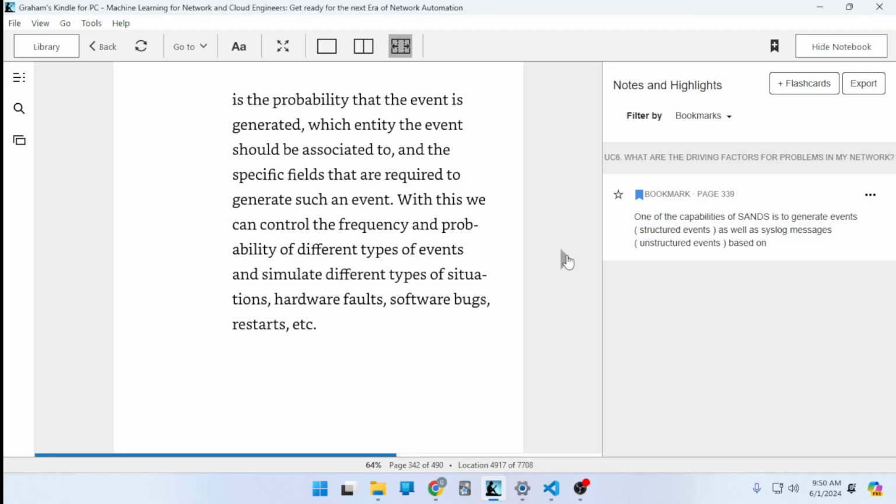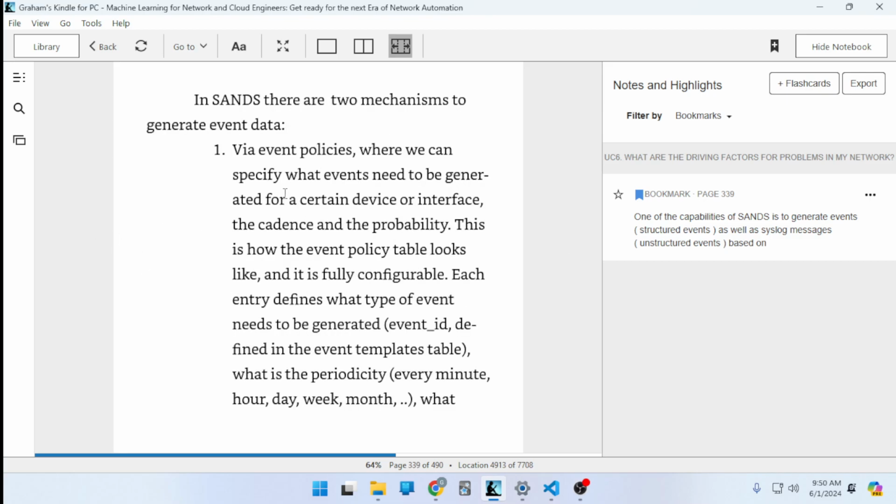Each entry defines what type of event needs to be generated, the event ID defined in the event templates table, and what is the periodicity?